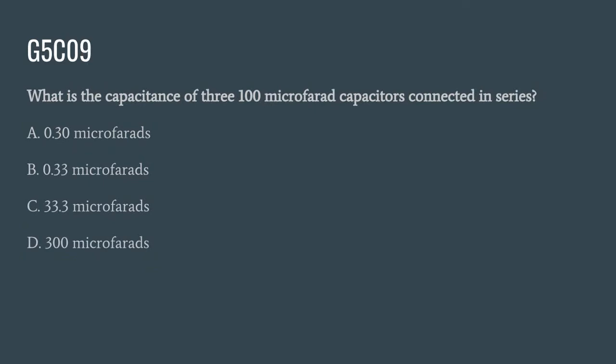G5C09. What is the capacitance of 3 100 microfarad capacitors connected in series? A. 0.30 microfarads, B. 0.33 microfarads, C. 33.3 microfarads, or D. 300 microfarads. Correct answer is C. 33.3 microfarads.